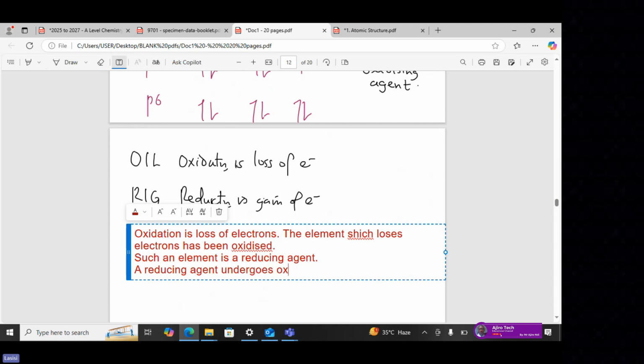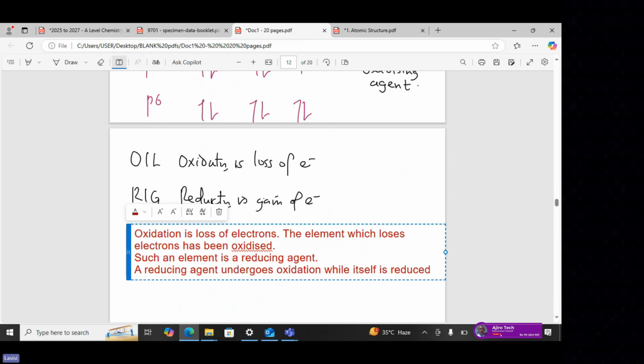Undergoes oxidation, while itself is what is reduced. You need to get that right. Oxidation is a loss of electron. The element which loses electron has been oxidized.